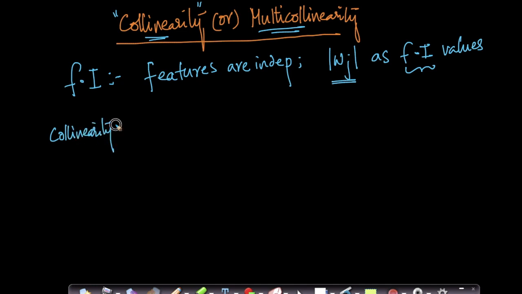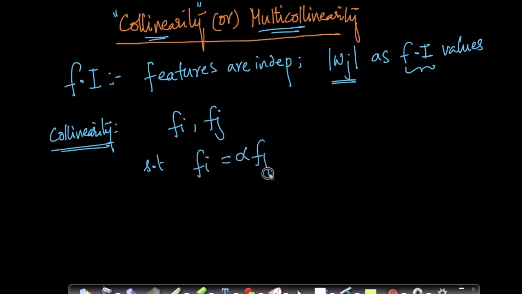Collinearity is a very, very simple idea. Imagine you have two features fi and fj, such that in your whole training data, fi is some alpha times fj plus beta. For example, if these are height and weight, there is some way for me to get the height of a person by multiplying the weight with some constant and adding some constant to it.